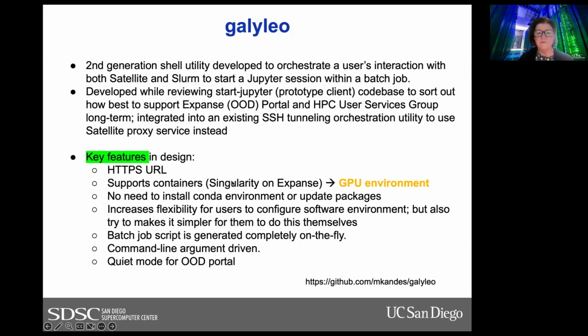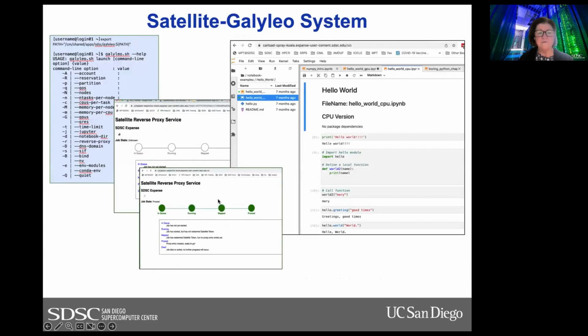This is details about Galileo and its features. Basically, there's all the features there, and you submit your command. And what we've added is when you submit Galileo, you get a URL, you enter that URL into a web browser, and what you'll see is a status window. The green dots will tell you it's in the queue, which means everything worked well enough for it to go into the queue.